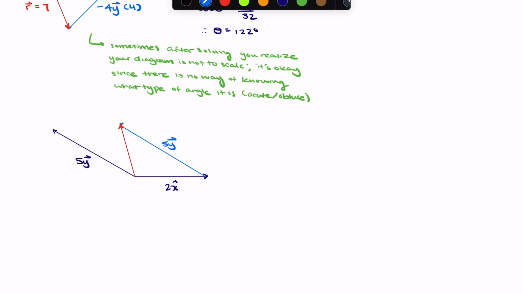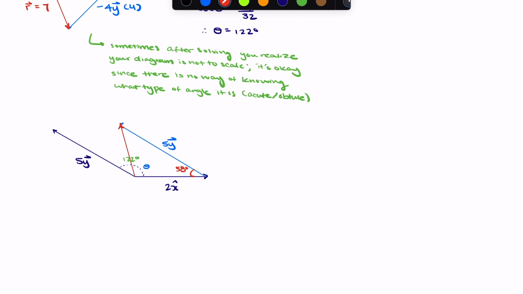Okay, so we know that our entire angle here is 122 degrees. Okay, we don't know our theta here again, but we know that this angle here will be 180 minus the 122. Again, understanding that we're using this method of the parallelogram. So again, this will be 58 degrees.